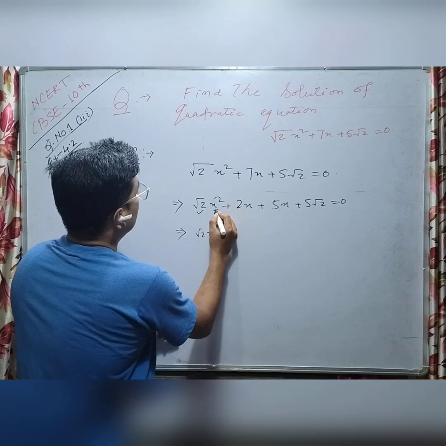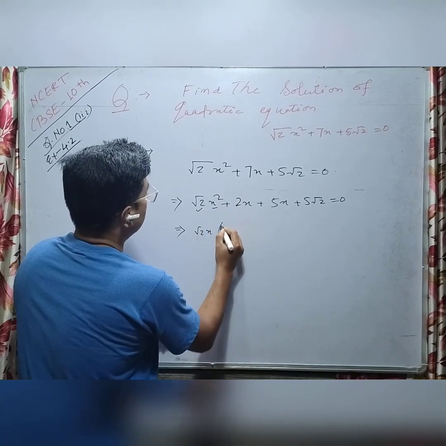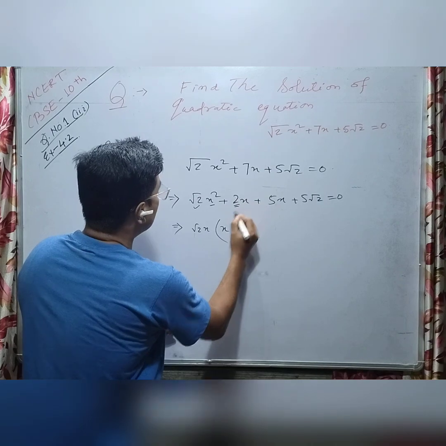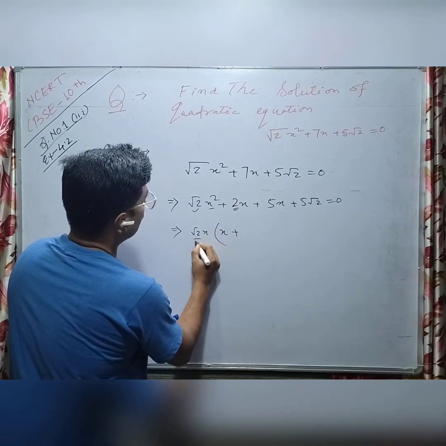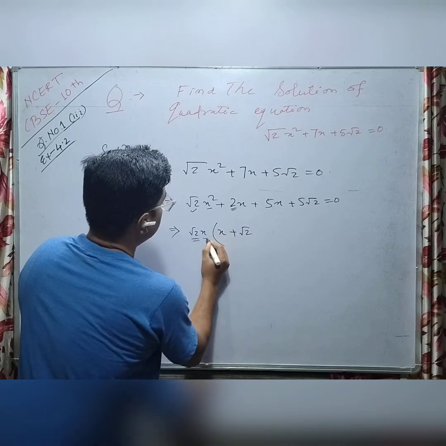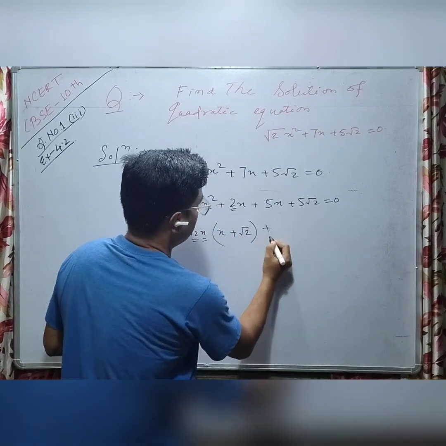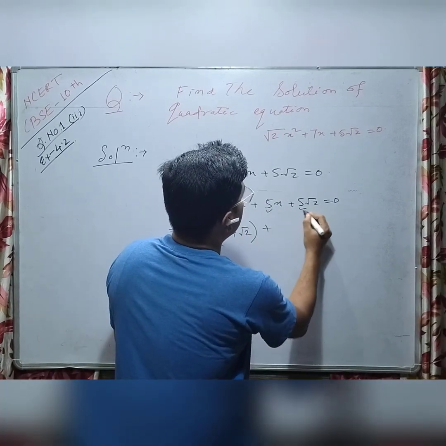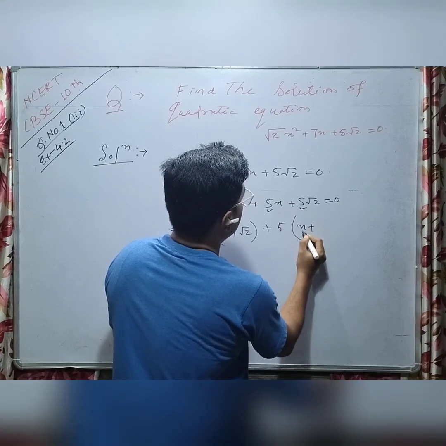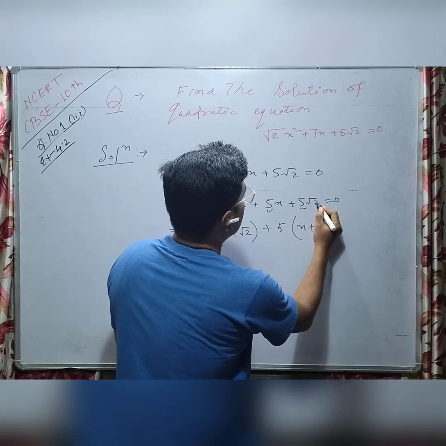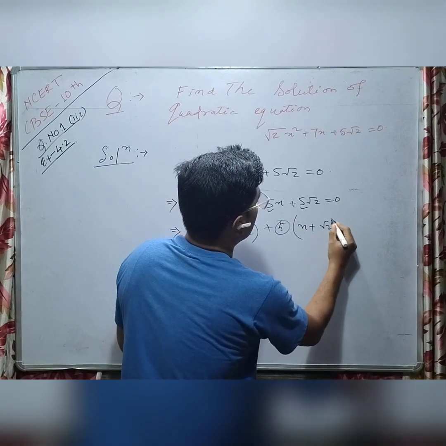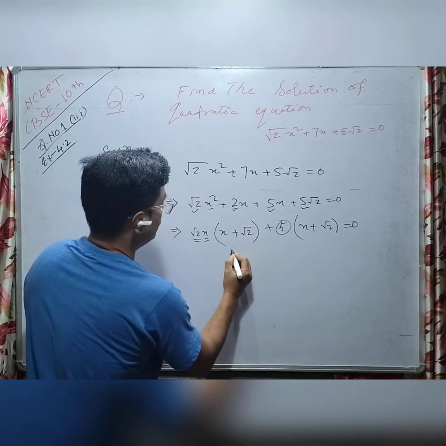Taking root 2 x from root 2 x square, it will be x plus, from 2x you have already taken root 2, so root 2 remains. Plus take 5 as common from here, it will be x, and from 5 root 2 you have already taken 5, so root 2 remains, is equal to 0.